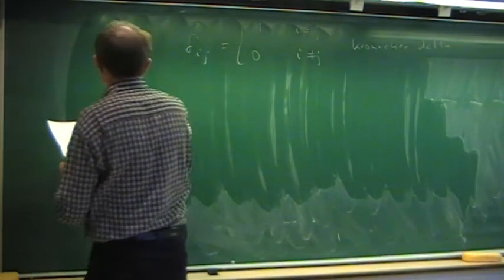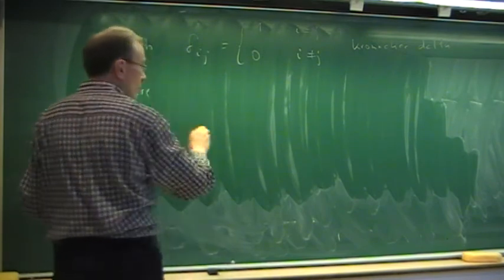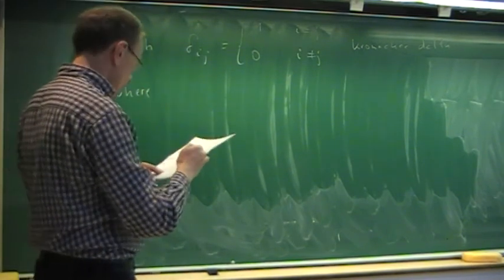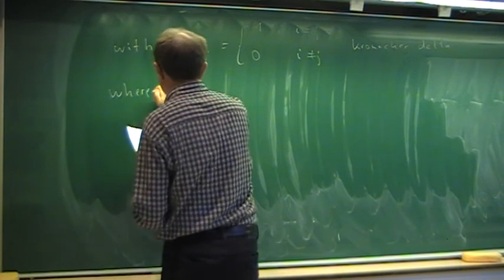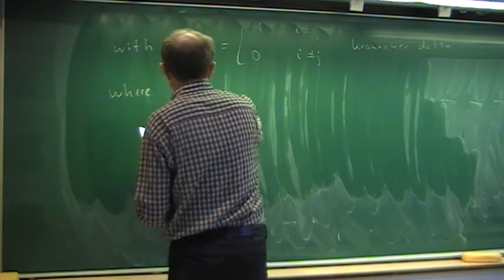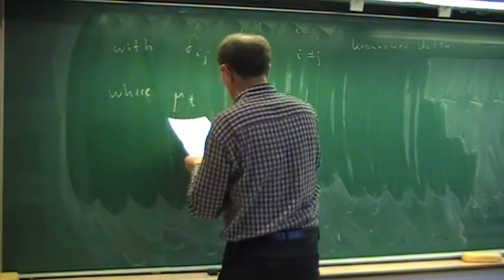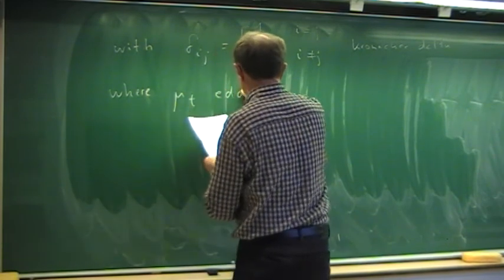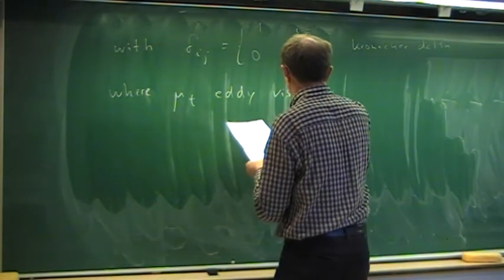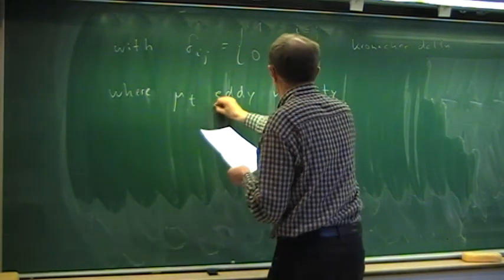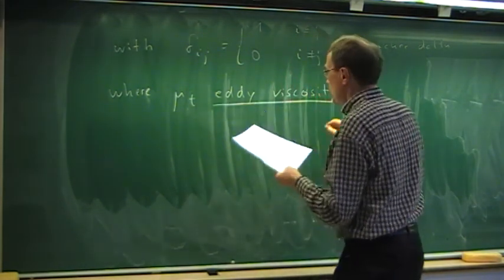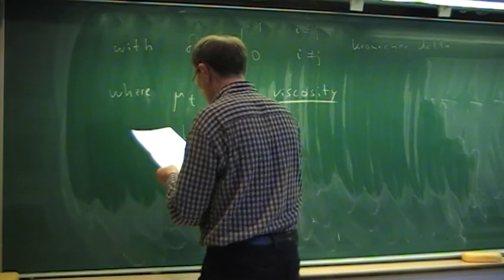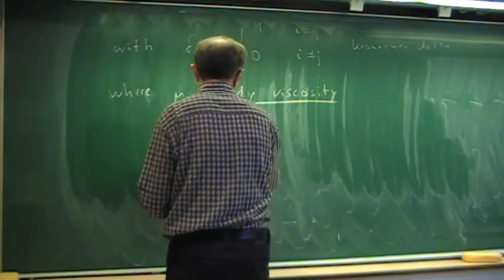And in the expression for the Boussinesq approximation, mu t is the eddy viscosity, or the turbulent viscosity. And the k that we have already seen in the beginning, that is the turbulent kinetic energy.